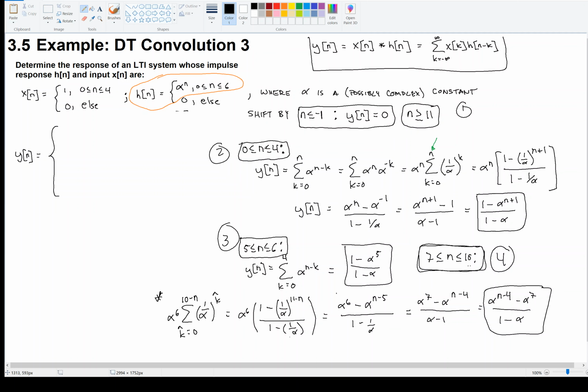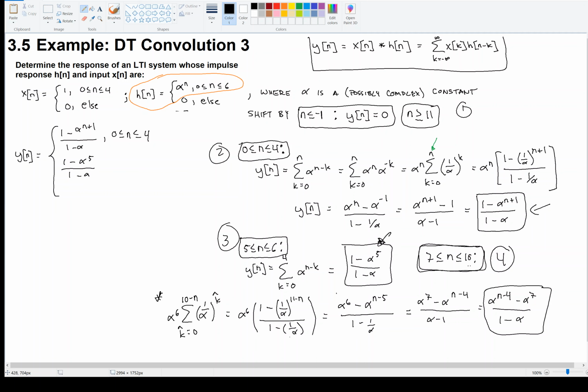So when n is between 0 and 4, this piece applies: 1 minus alpha to the n plus 1 over 1 minus alpha. So this is between 0 and 4. Next, piece 3, this applies here: 1 minus alpha to the 5th over 1 minus alpha.